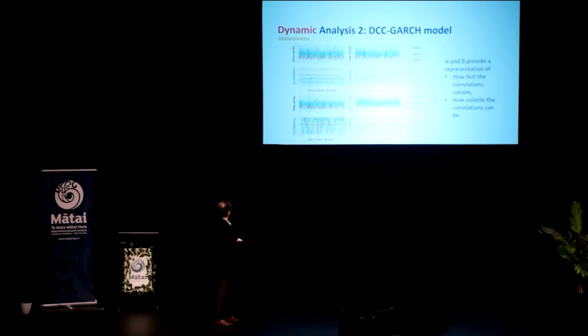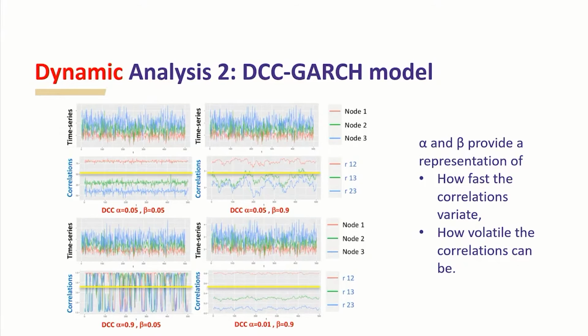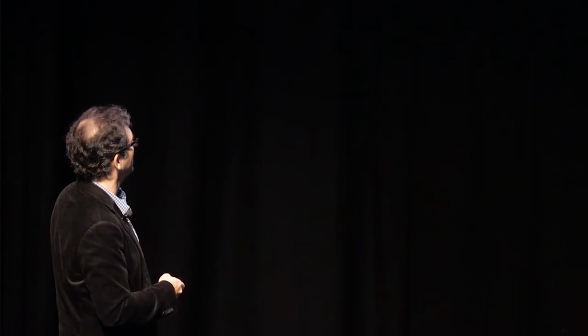But if you look at the way that the correlation between the time series changes over time, you see that they have very, very distinct and different patterns. Here they change a lot. They have fast changes happening in the correlation, but overall it doesn't change. Here we have variations.